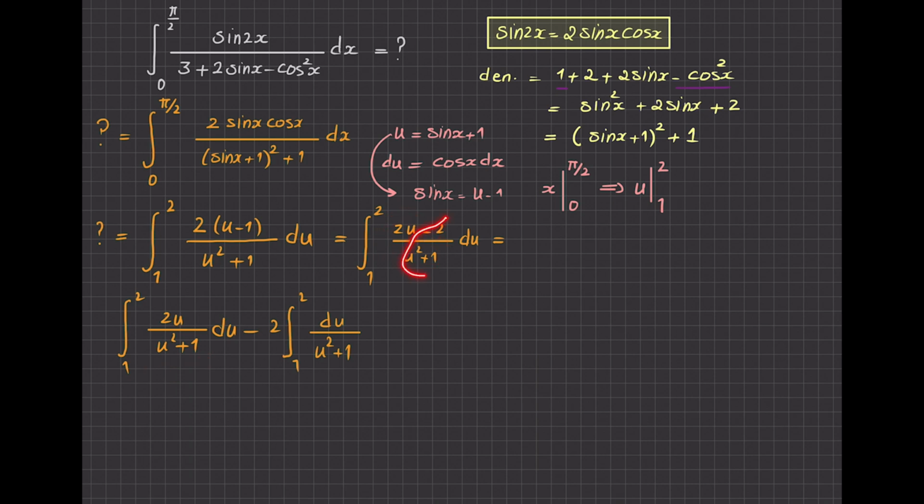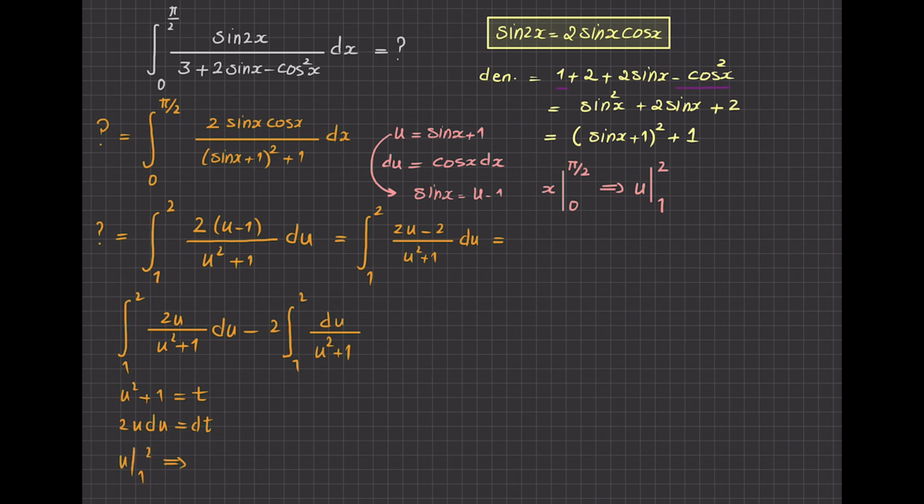In one of them I didn't pull 2 out, in the other one I pulled 2 out. The reason is clear, because in this integral I have to introduce a new variable. Let us take u squared plus 1 to be a new variable t. Differentiating both sides, 2u du is just dt.